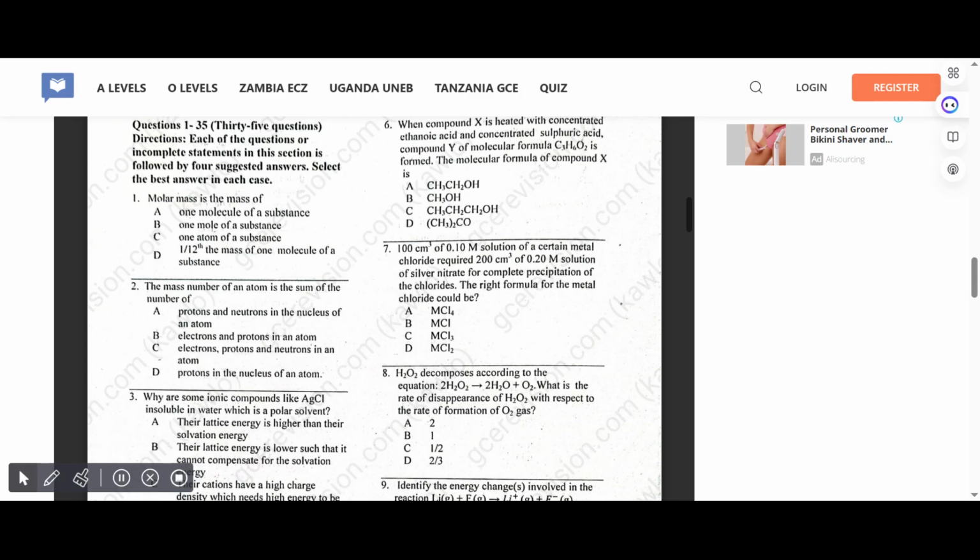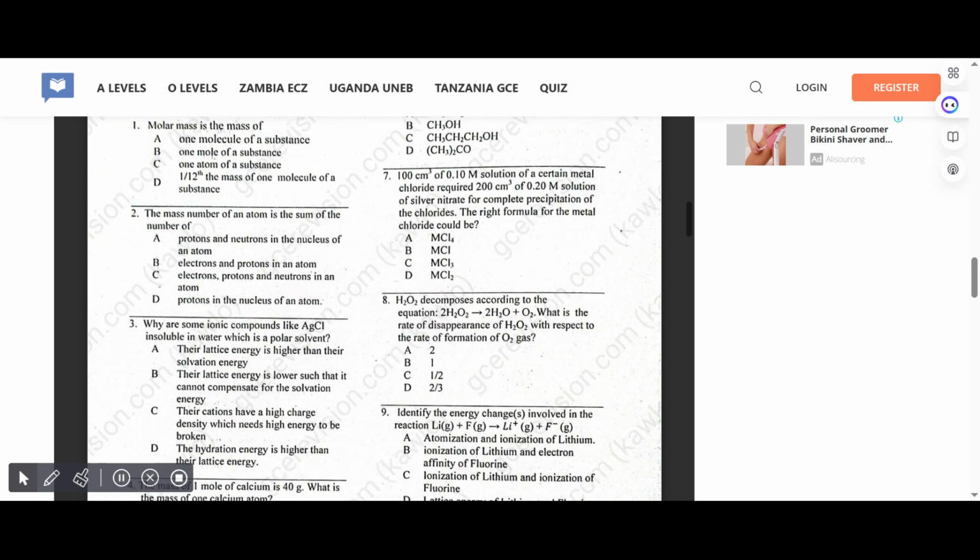The molecular formula of compound X, the correct answer for 6 is B. So B is the correct answer for this molecular formula. 100 centimeter cube of 0.10 molar solution of a certain metal chloride requires 200 centimeter cube of 0.20 molar solution of silver nitrate for complete precipitation of the chlorides. The right formula for the metal chloride could be, the correct answer for 7 is A.